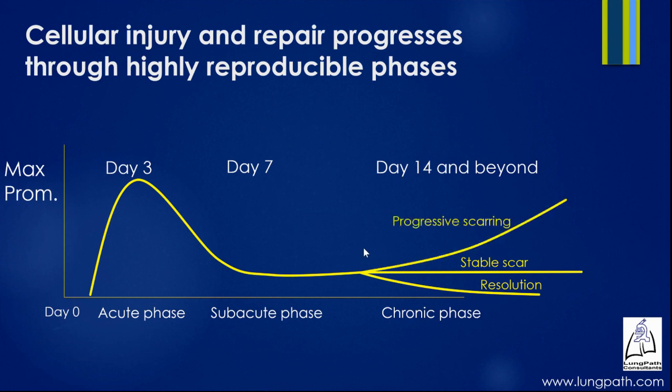That is, the scarring process continues to be active, either because the initial injury was quite severe or the injury has recurred multiple times. For example, a patient who takes a drug, gets a reaction, and then takes the drug again and gets a reaction, and takes the drug a third time and gets a reaction. You may see 3 of these distinct 10-day periods overlapping in the biopsy.